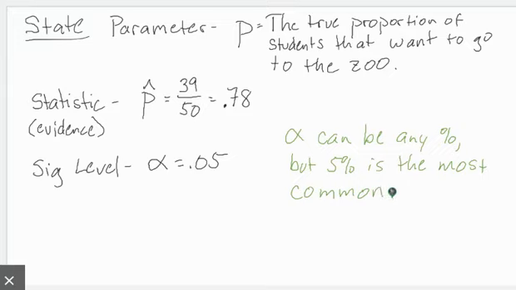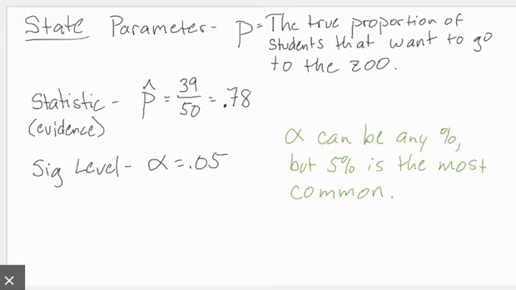Most of the time when you are given an FRQ and you are asked to run a hypothesis test, they're going to tell you that alpha is 0.05 or 5%. Occasionally, you will see alpha as 1% or 10%. Those are probably the three most common, 10%, 5%, 1%.